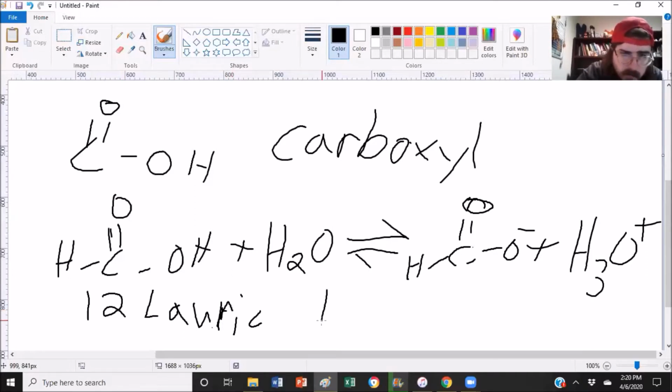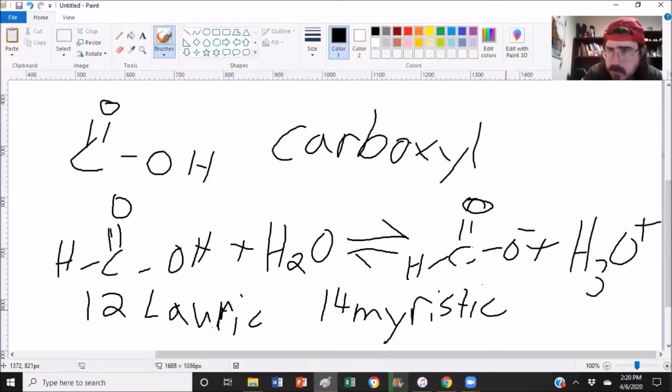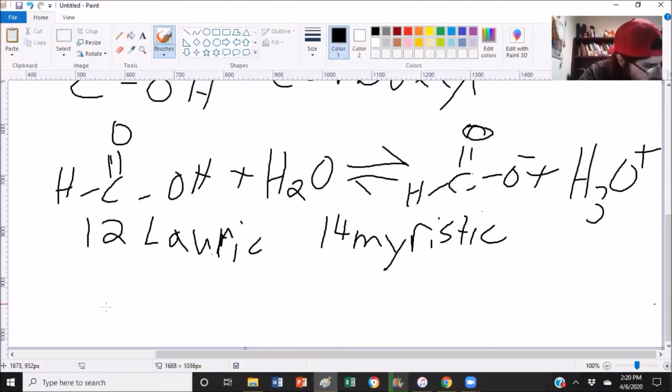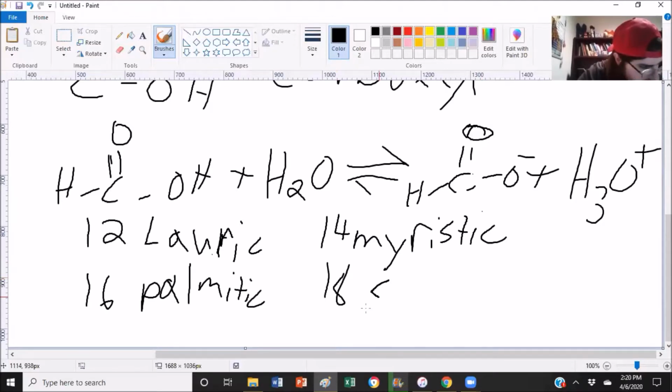A 14 carbon one is myristic acid, 16 carbon acids are palmitic, and an 18 carbon acid is stearic acid.